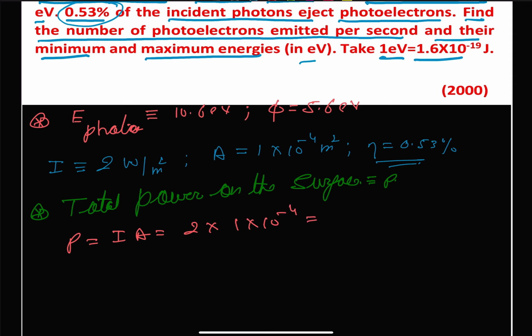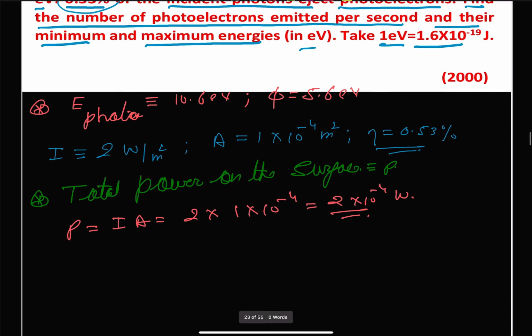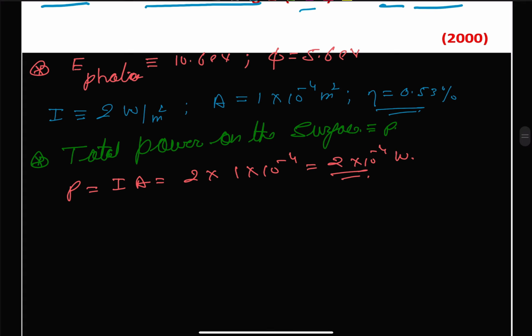This gives us 2 into 10 to the power minus 4 watts. And we are given the energy in terms of electron volt. We can convert it into joules, so we get the energy per photon in joules.